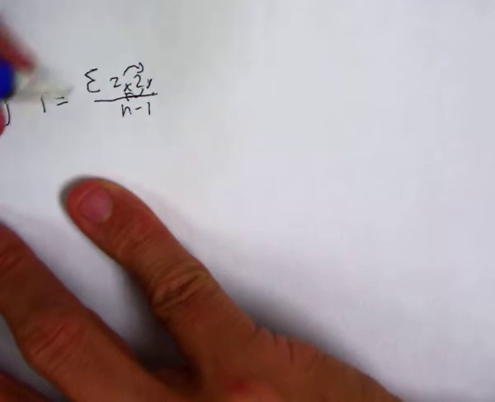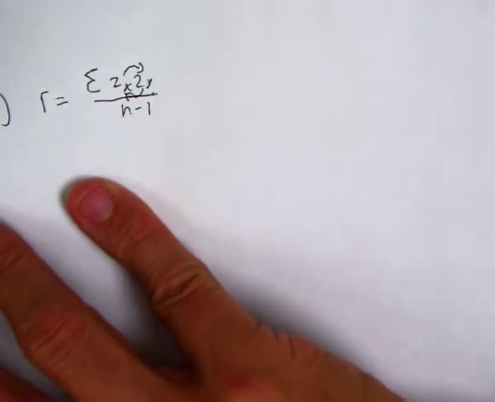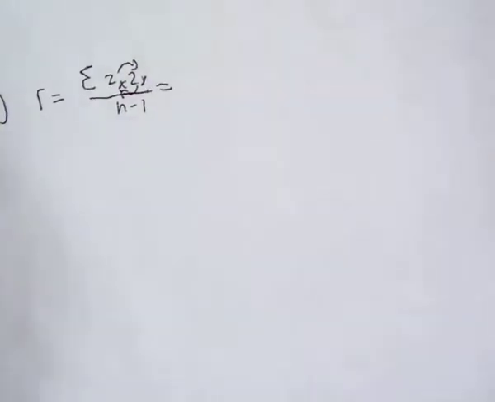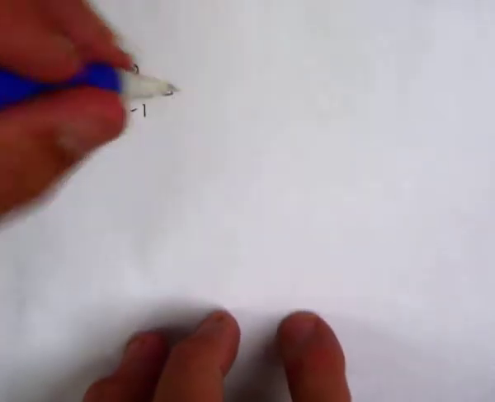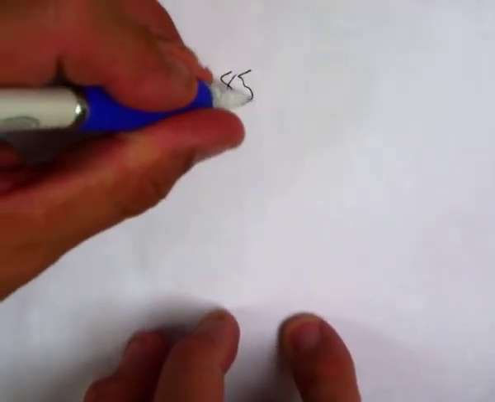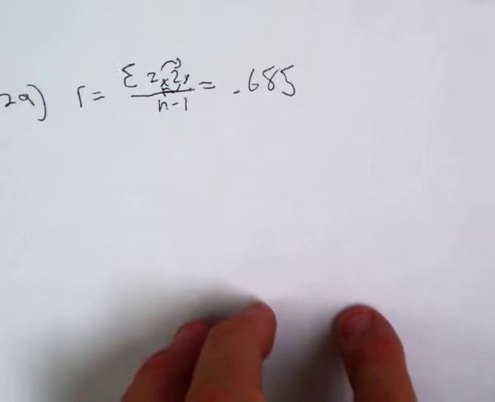So how did we change this? Well, we didn't. The correlation's not going to change. So our correlation in the last problem was 0.685. So our correlation in this problem as well is going to be 0.685. So R is going to be 0.685 because when we multiply it doesn't matter.